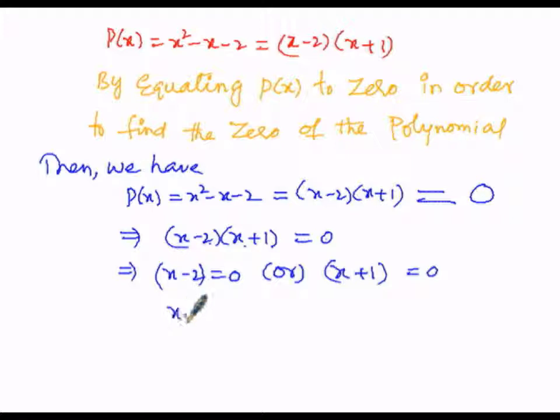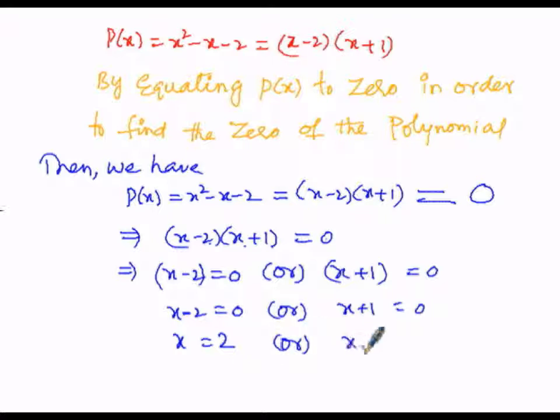Since x minus 2 equals 0 or x plus 1 equals 0, to find out the x value, we have to transpose this minus 2 to the other side. The 0 won't have any value. When minus 2 is transposed to the other side, it becomes plus 2. Or x plus 1 is on the left hand side; when plus 1 is transposed to the right hand side, it becomes minus 1.